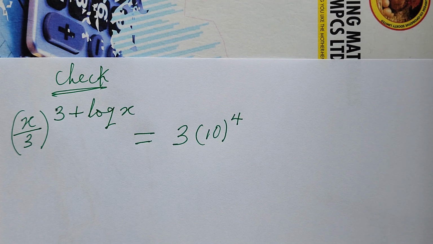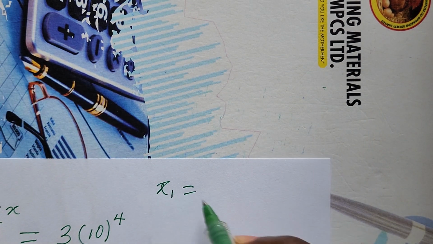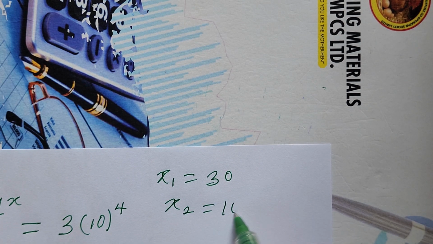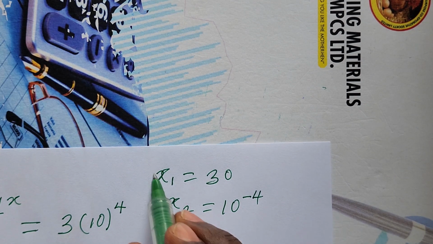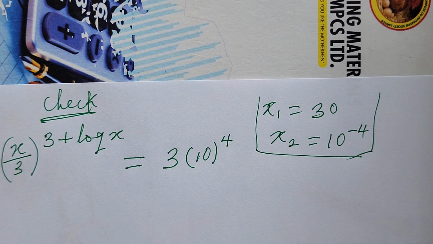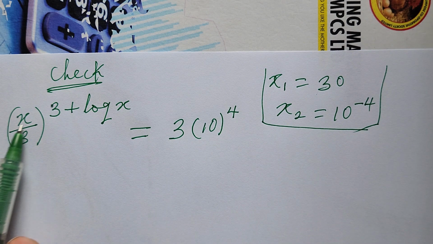Here, I want to do a simple check of the two answers we solved for. Our x1 is equal to 30 and x2 is equal to 10 to the power of minus 4. So let's check if these will satisfy the original equation. We take our case 1, putting 30 into this.